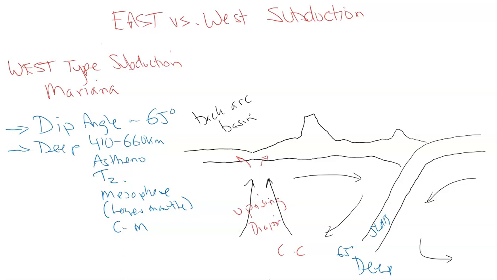The flow is to replace what's being moved to the right to connect with the subduction zone. We also have our trench, our forearc wedge or forearc accumulation, and our forearc basin.